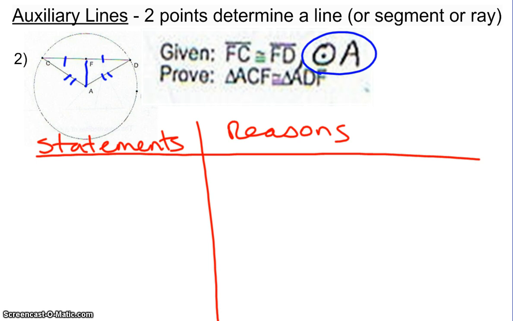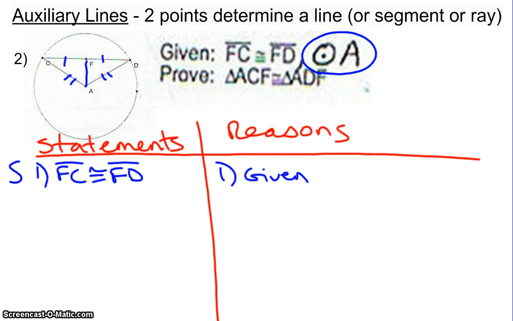So that's how our proof is going to look. If we start with our given information, we can say those two segments are congruent by given, and that gives us a side.